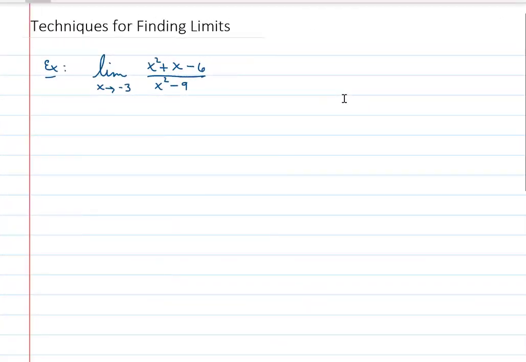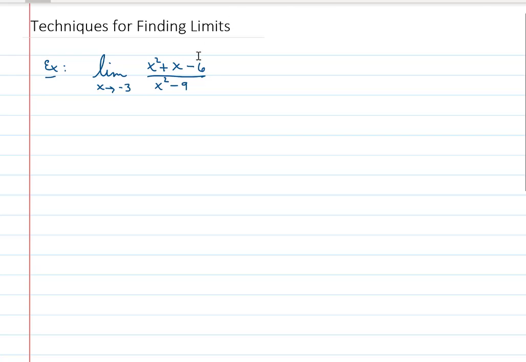What I want to do now is discuss some of the techniques for finding limits analytically. There are some common techniques used to find limits that we are not able to find with our basic properties and the basic limits that we already have.